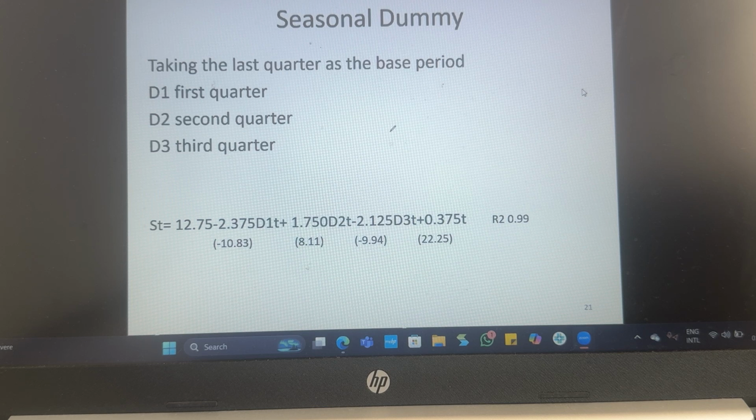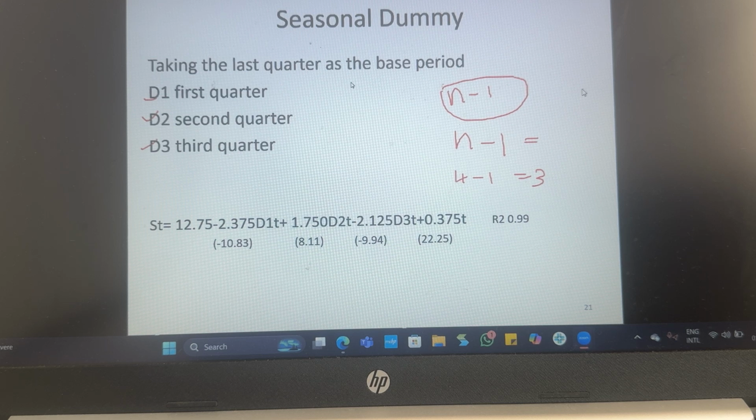The number of dummies should be the number of categories minus 1. Here n is 4, less 1, so we need 3 dummies, right? That's why we take D1, D2, D3 as dummies.